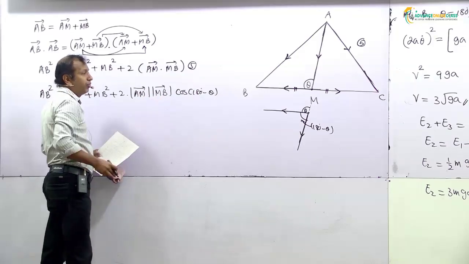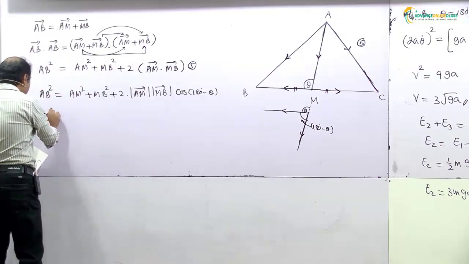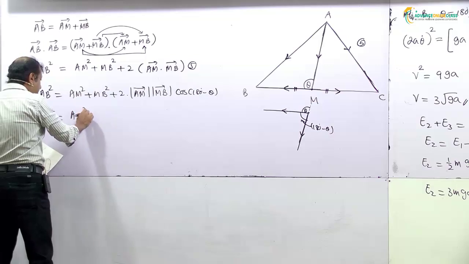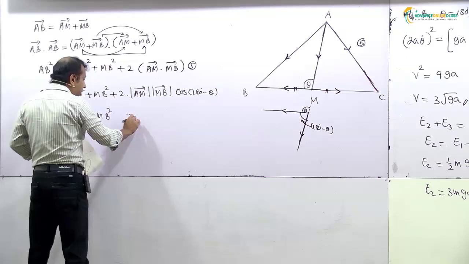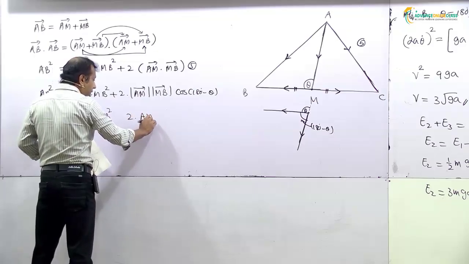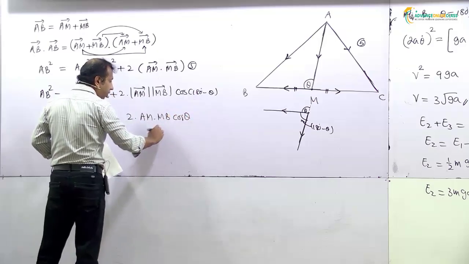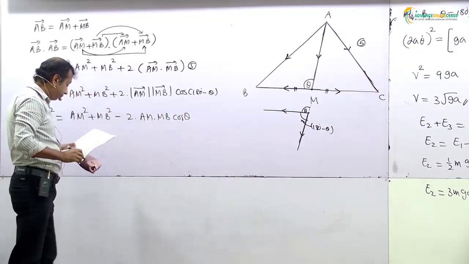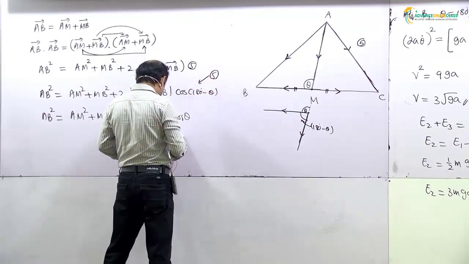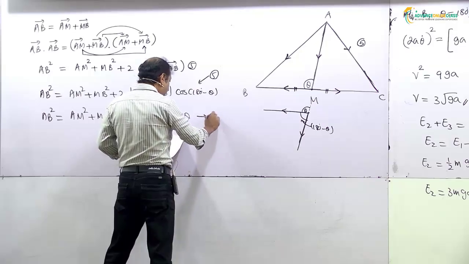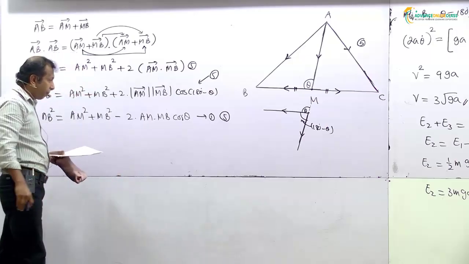MB modulus means MB length. Then I can write AB squared is equal to AM squared plus MB squared plus 2 times AM length into MB length, cos 180 minus theta, which is minus cos theta. Then this is minus. For this step, you get 5 marks. This is equation number 1. For this also, you get 5 marks.